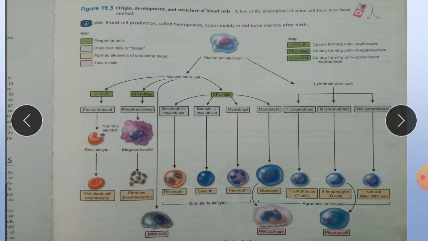Several hormones called hemopoietic growth factors regulate the differentiation and proliferation of particular progenitor cells. Try to understand erythropoietin, also called EPO, which is released from the kidneys.